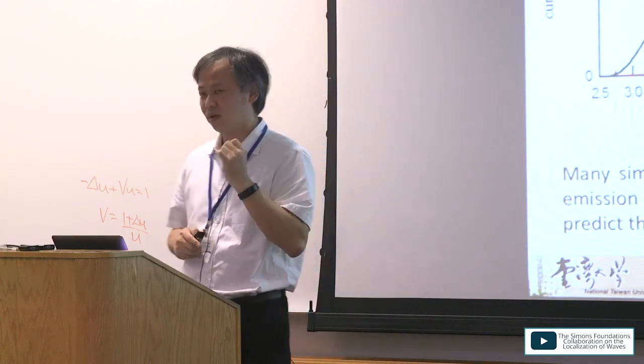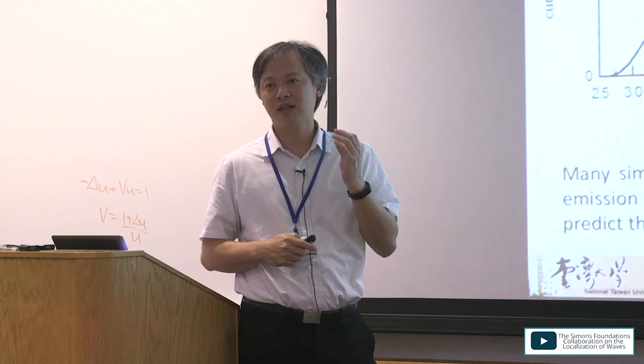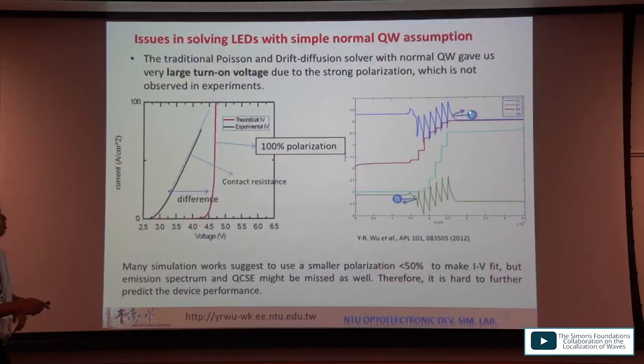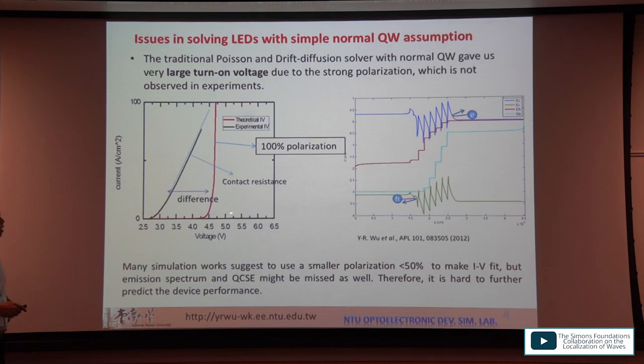And if you go to green, even if you consider quantum potential, it's useless, honestly, because your potential bending could be too large in eV if you consider the real polarization. Some simulators use smaller polarization, but we don't, because then your quantum confined Stark effect is also wrong, and your emission is also wrong.